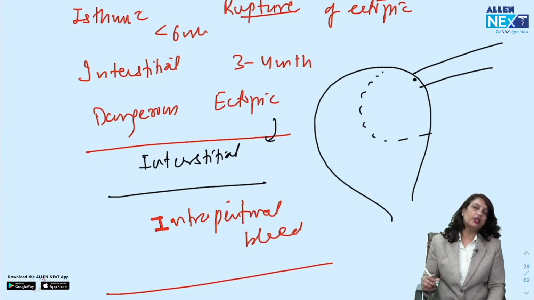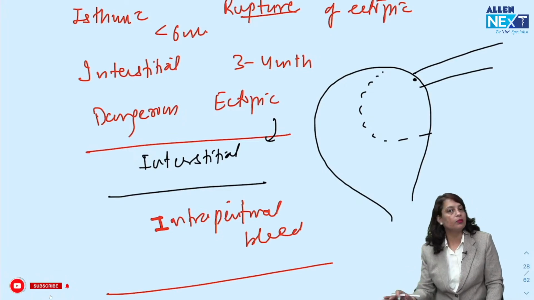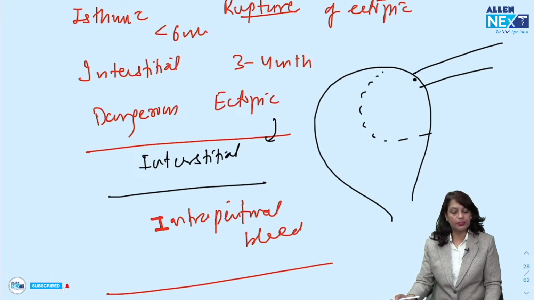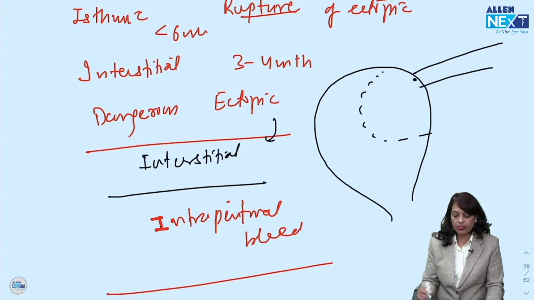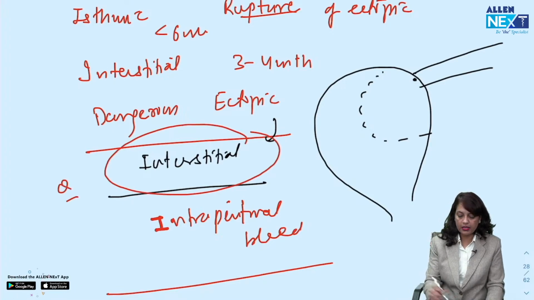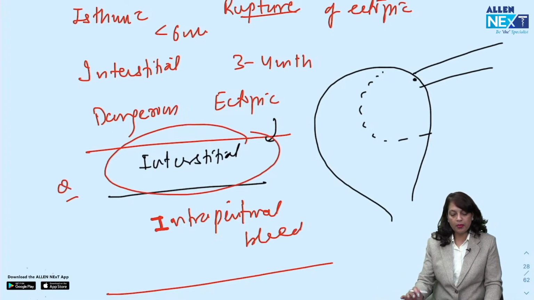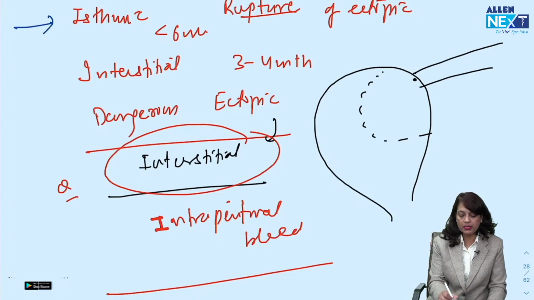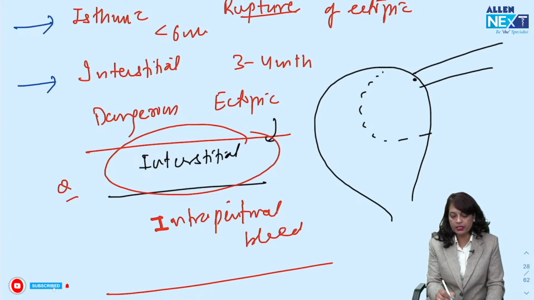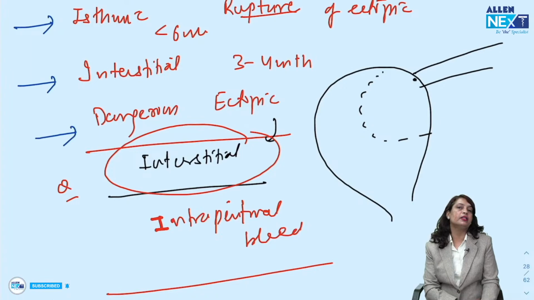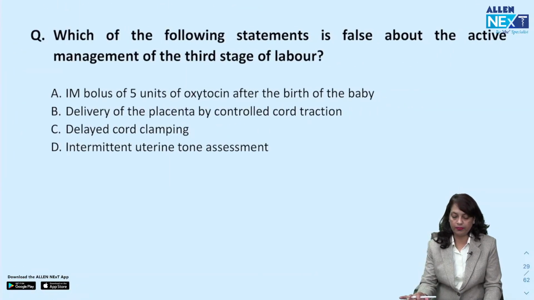Okay. So sometimes if you are not able to control the bleeding, you might have to do a life-saving hysterectomy. So earliest to rupture is isthmic, late to rupture is interstitial, dangerous ectopic pregnancy is again interstitial.